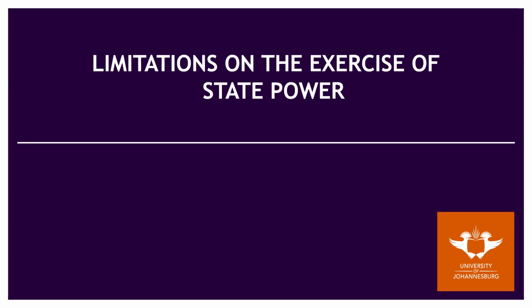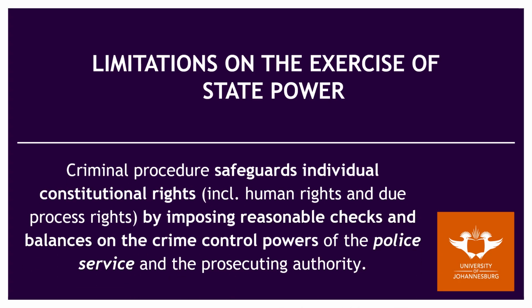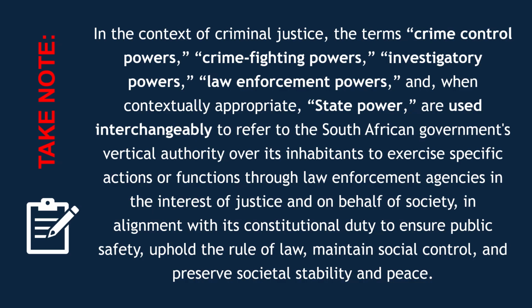So criminal procedure safeguards individual constitutional rights, including human rights and due process rights, by imposing reasonable checks and balances on the extent of crime control powers, most importantly of the police services, but also potentially the prosecuting authority, the NPA. I want to draw your attention to the fact that various terms and phrases are used in this context.